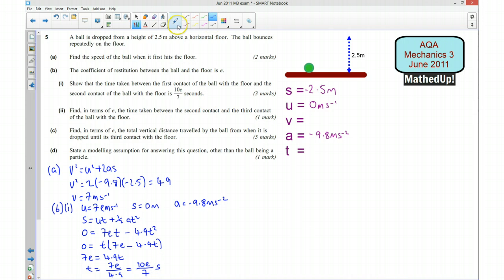Okay, so that was part 1 of part B. If I just box that off, we will have a look at part 2 of part B.